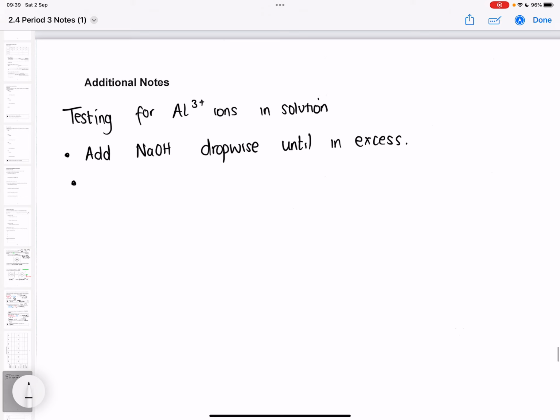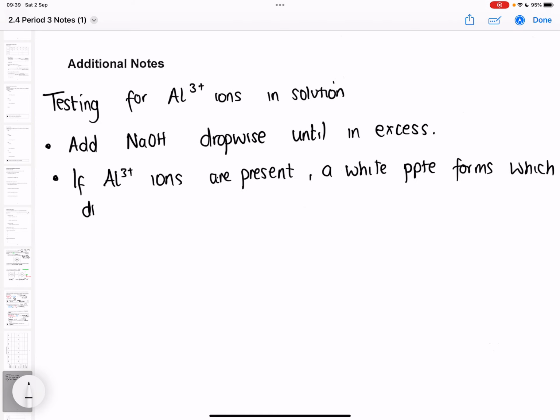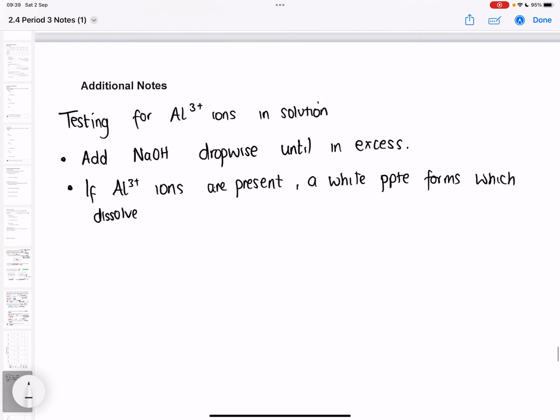And if it's aluminium ions that are present, if Al3+ ions are present, a white precipitate forms which dissolves in excess. So if we were to sort of write that as equations, we've got aluminium 3+ ions.